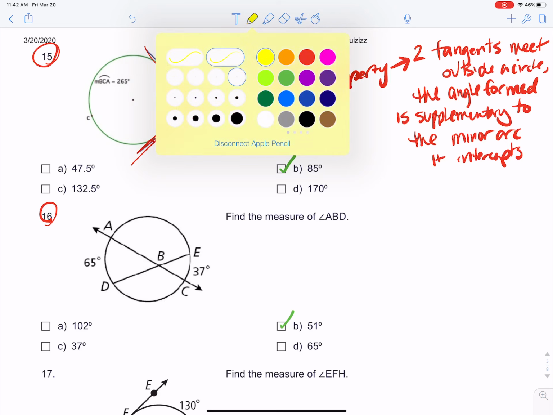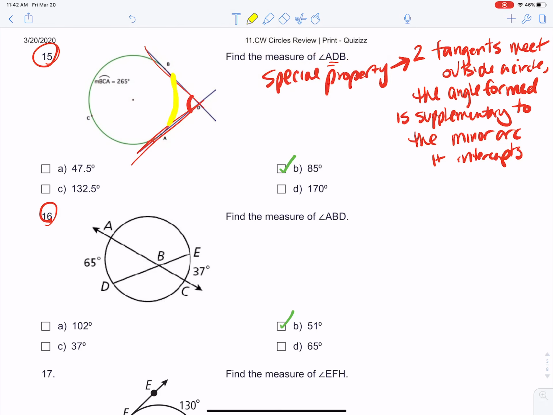The minor arc in this case is here. So we know that the yellow arc and the red angle are supplementary.